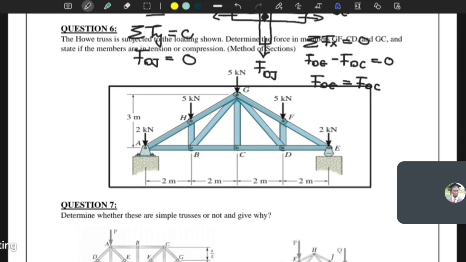Can you identify it? Anyone? Is it CG? CG, yes. CG is a zero force member based on this part here. This and this will be equal. This will be a zero force member.